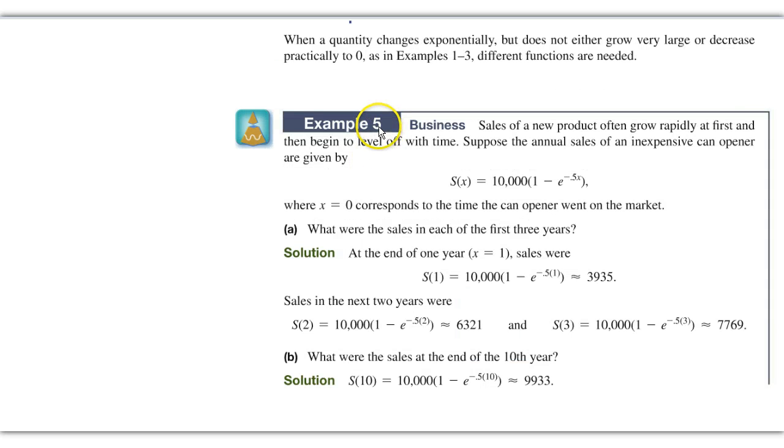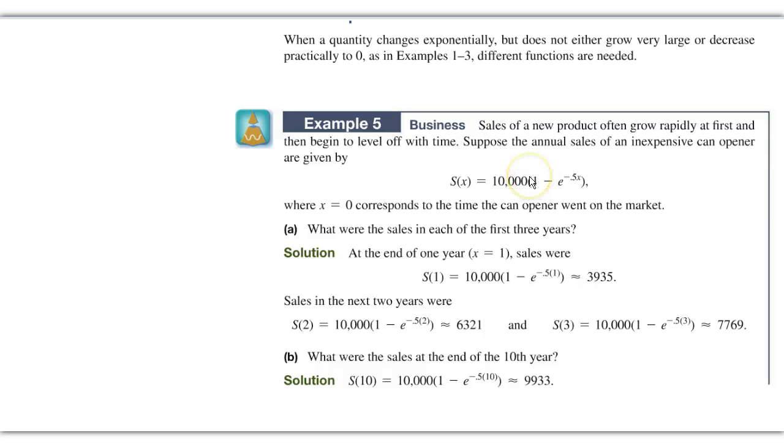In example 5, related to business, sales of a new product often grow rapidly at first and then begin to level off with time. Suppose the annual sales of an inexpensive can opener are given by this. So as we look at it, we see this, but then now note that within a parenthesis, we have negative e and also a negative exponent.